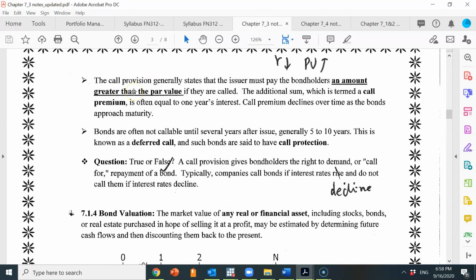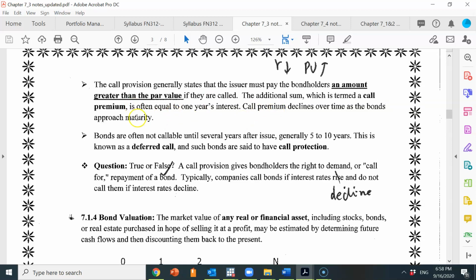The call provision generally states that the issuer must pay the bondholders an amount greater than the par value if they are called. The additional sum, which is termed a call premium, is often equal to 1 year's interest. Call premium declines over time as the bonds approach maturity.